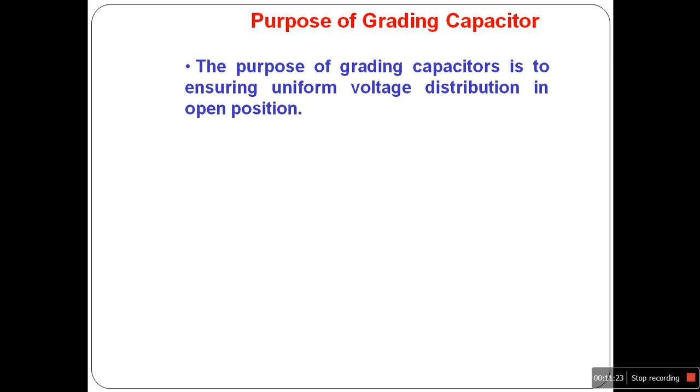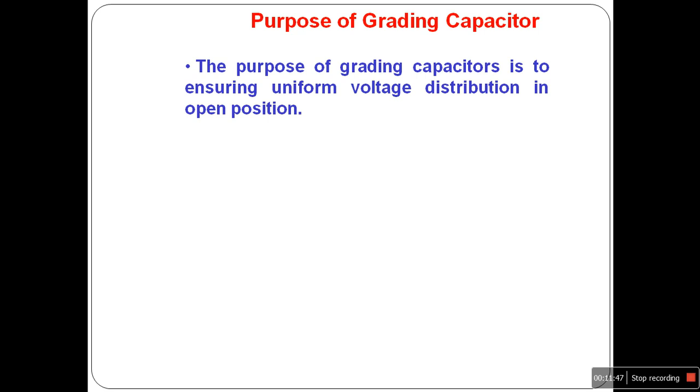By using multi-break, let's suppose a double break circuit breaker, we are dividing the whole 400 kV into two equal parts. How are we dividing the 400 kilovolt into two equal parts? The answer is simple, by using the grading capacitor.